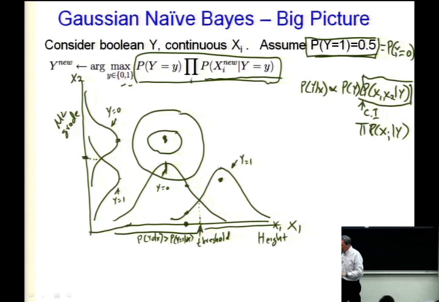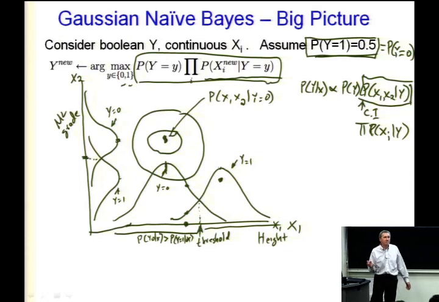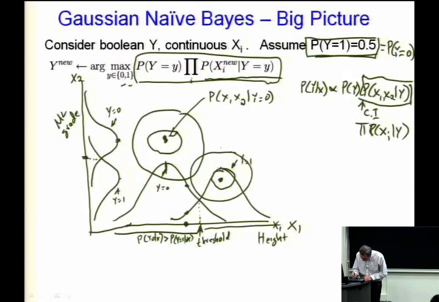And similarly, this distribution here is really my estimate of the probability of x1, x2 given that y equals 0. And then similarly, there will be another terrain map here. I should have drawn it in another color to take full advantage of the technology, but you get the idea.